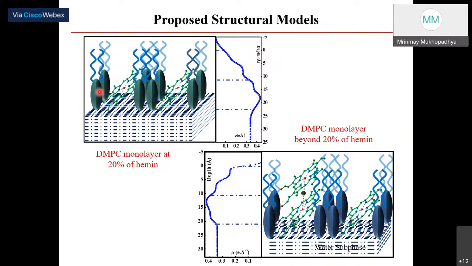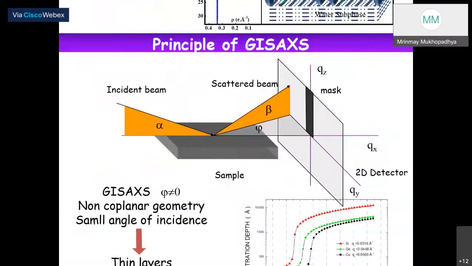These are the PC molecules, and when you have 20% of heme, you can have this kind of structure, and you can see this kind of profile. When you have more than 20%, you can have this kind of arrangement. We call it singlet, doublet and triplet.